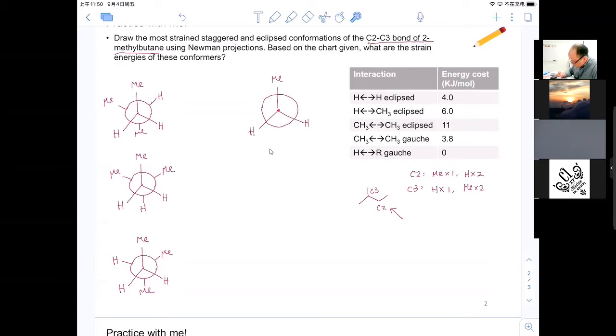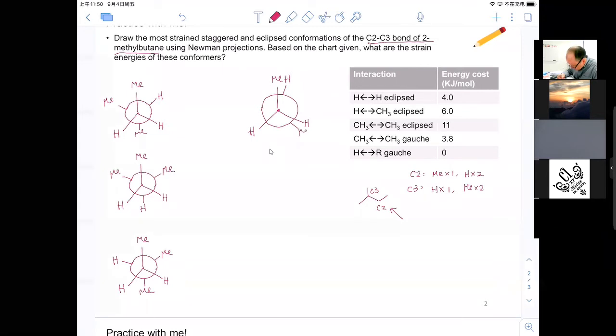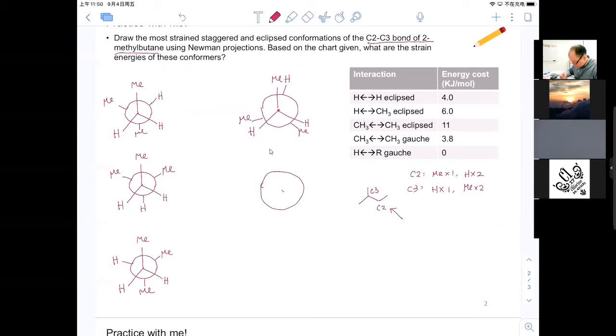So we can put the hydrogen eclipsed with the methyl first. Then 2 methyl here. Oh, I forgot to copy that. So another one, methyl, hydrogen. Let's copy it first.